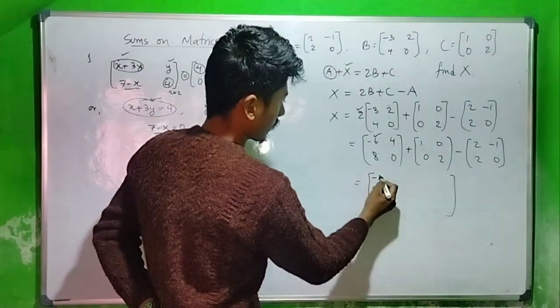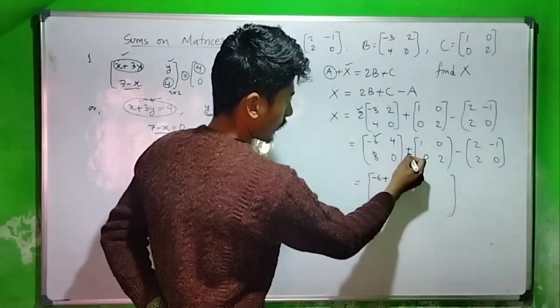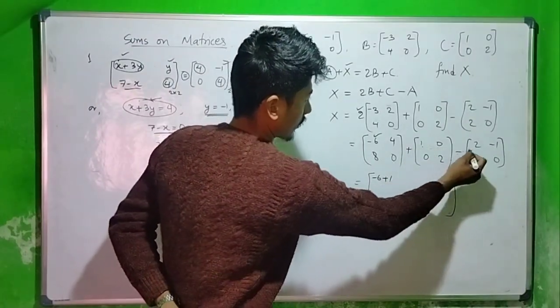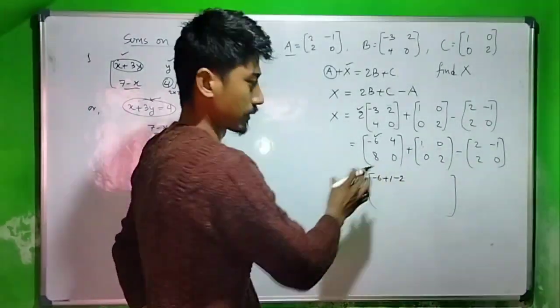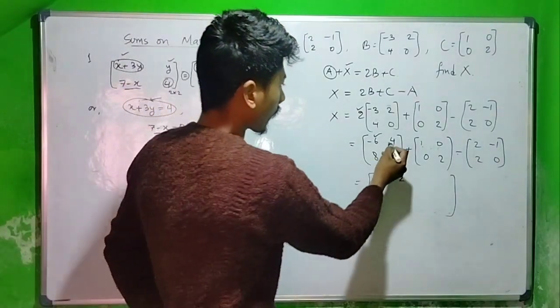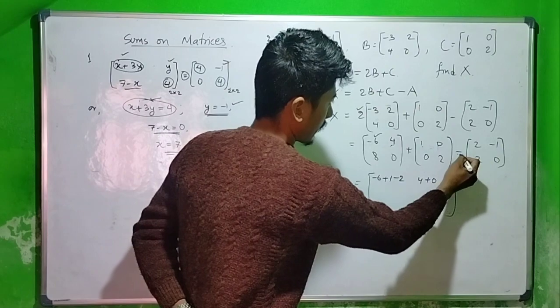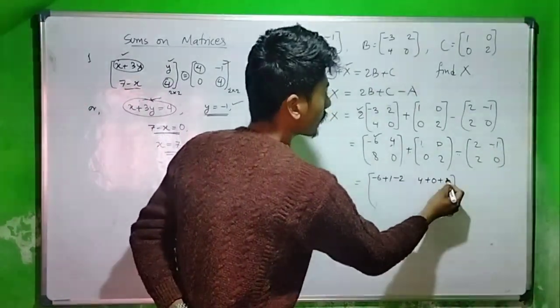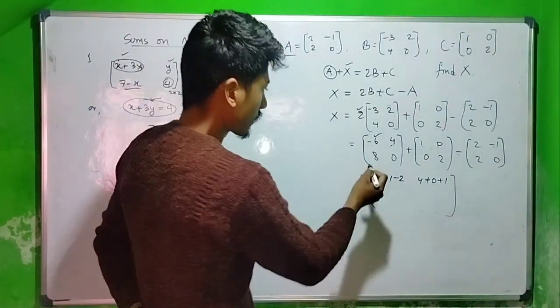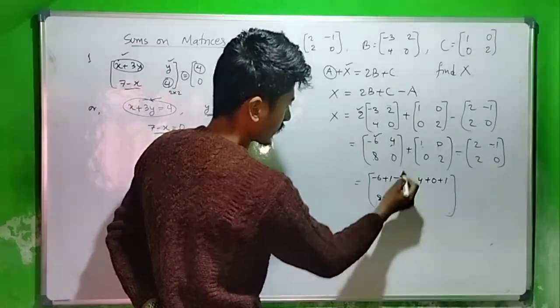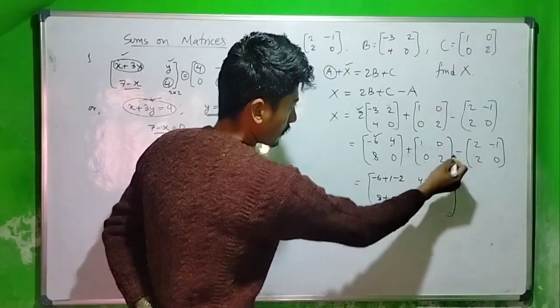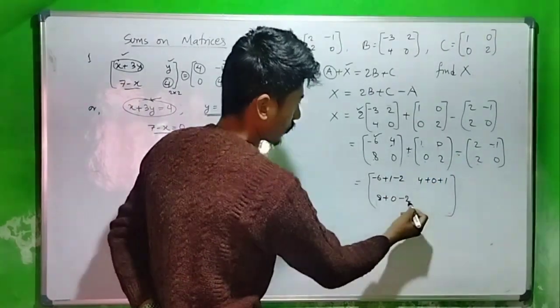So the first element is minus 6 plus 1, and minus 2, that is minus 2. Second is 4 plus 0 plus 0 minus of minus 1, that is plus 1. Similarly 8 plus 0 minus 2, that is minus 2.